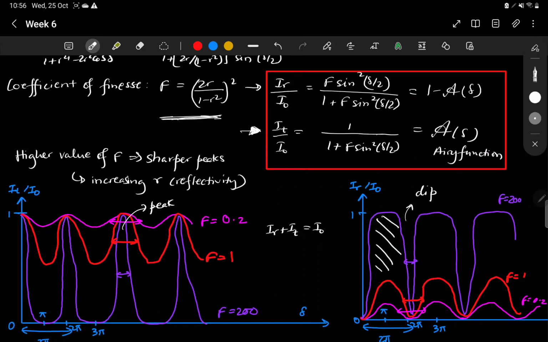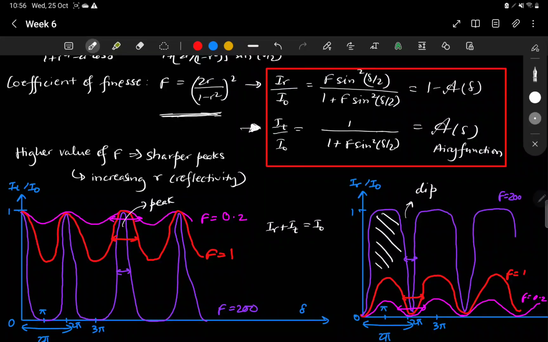As we can see, if we increase the value of F, which is the coefficient of finesse, then we observe sharper peaks in the transmission spectrum, and increasing the value of F can be achieved by increasing the value of r, which is the reflectivity.